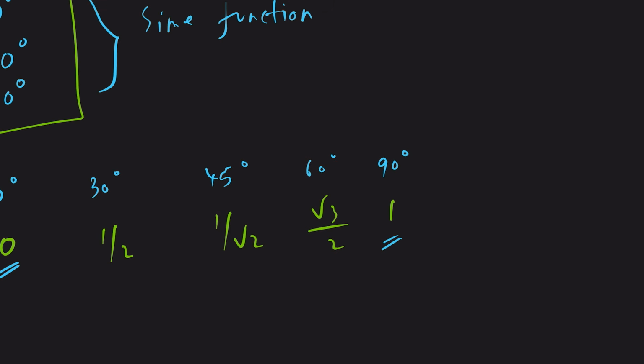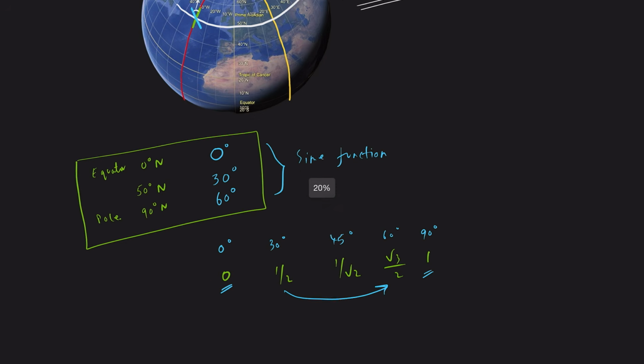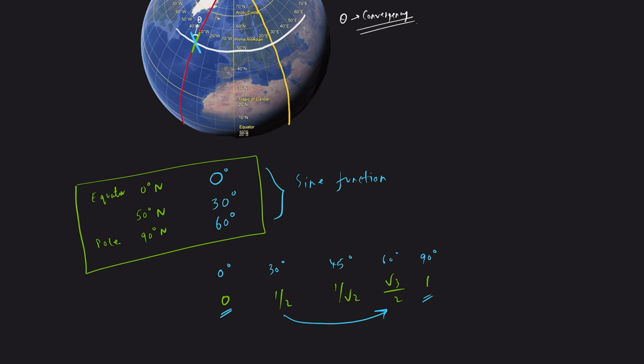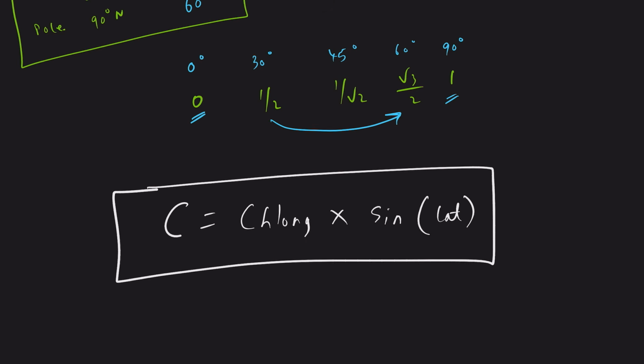And any latitude between the 0 degree north and the 90-degree north, which is let's say any latitude in the northern hemisphere, the convergency is increasing, or the inclination is increasing. So I can say that convergency is following sine function. And through this, I can find out the formula for convergency. So the formula for convergency is C is equal to Shillong into sine of latitude, because convergency is changing with respect to latitudes, and it is increasing as we are going to a higher latitude.